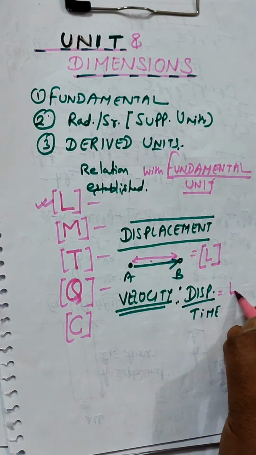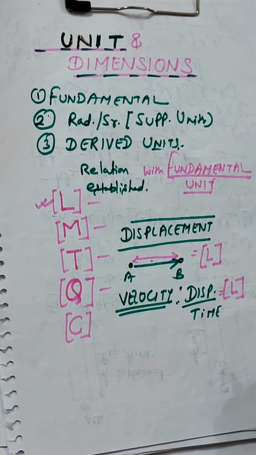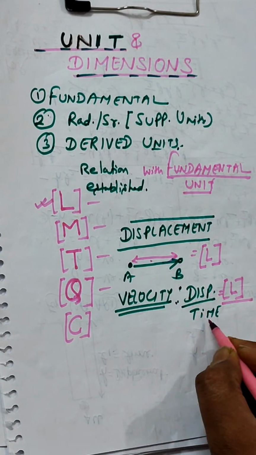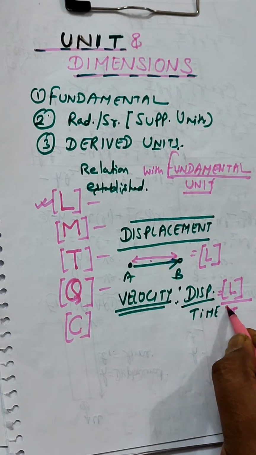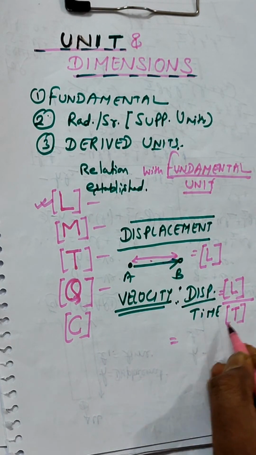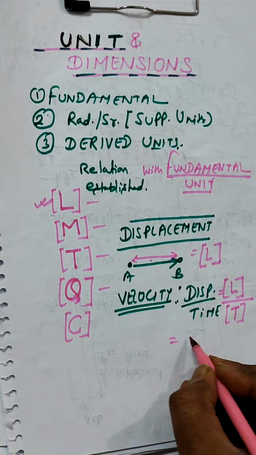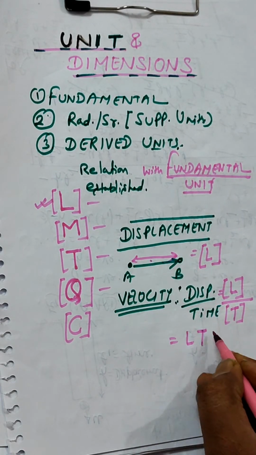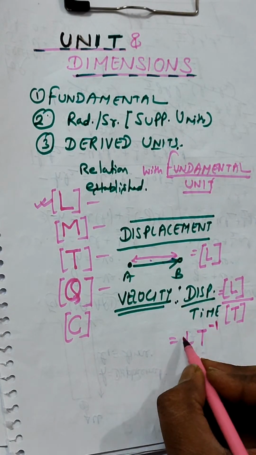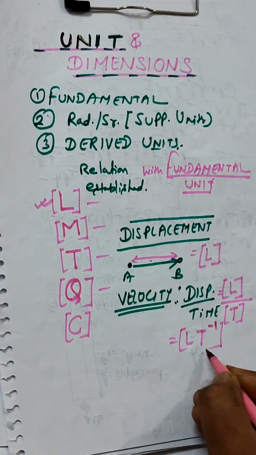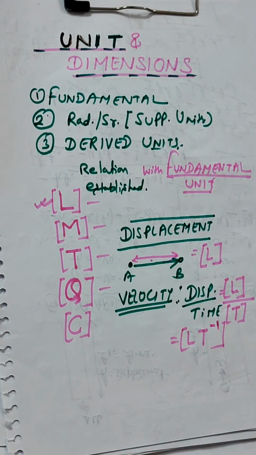It is L, which we have derived over here. And this will be divided by the dimension of time, which is T. When T comes into the numerator, it can be written as LT minus 1. So this is the dimension of velocity.